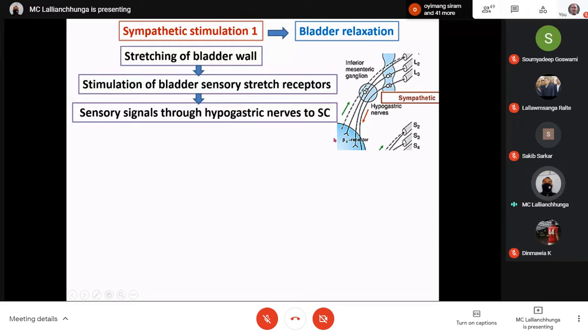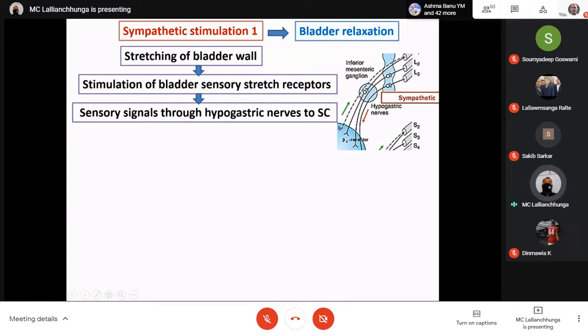As I told you, the wall of the urinary bladder has nerve endings. These are the sensory receptors or sensory nerve endings. Because of that, there will be impulses traveling towards the central nervous system, and they will reach the spinal cord.